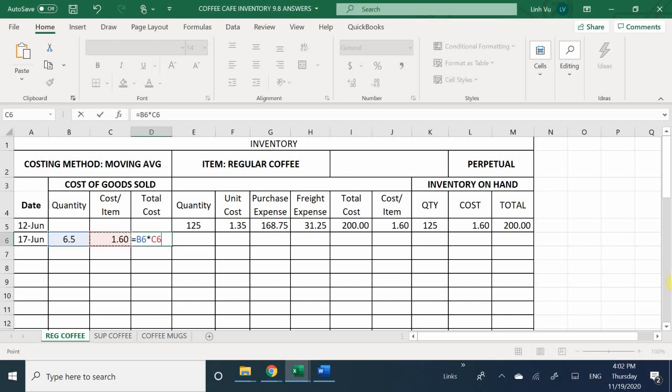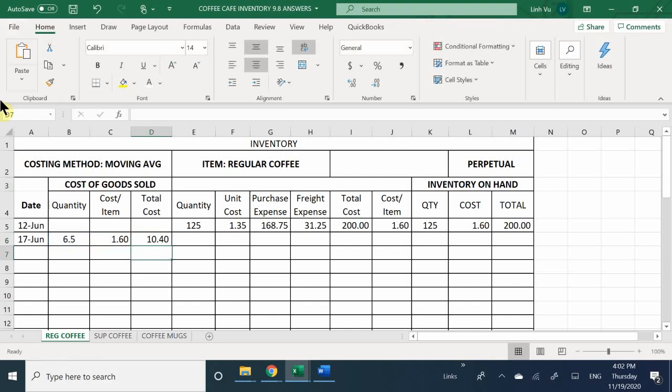Okay, so it came to a total cost of $10.40. Remember, this is in terms of dollars. Now, let's say this was a longer number, then you can apply the equal round formula, because when we journalize the total cost, we can't do a tenth of a penny.